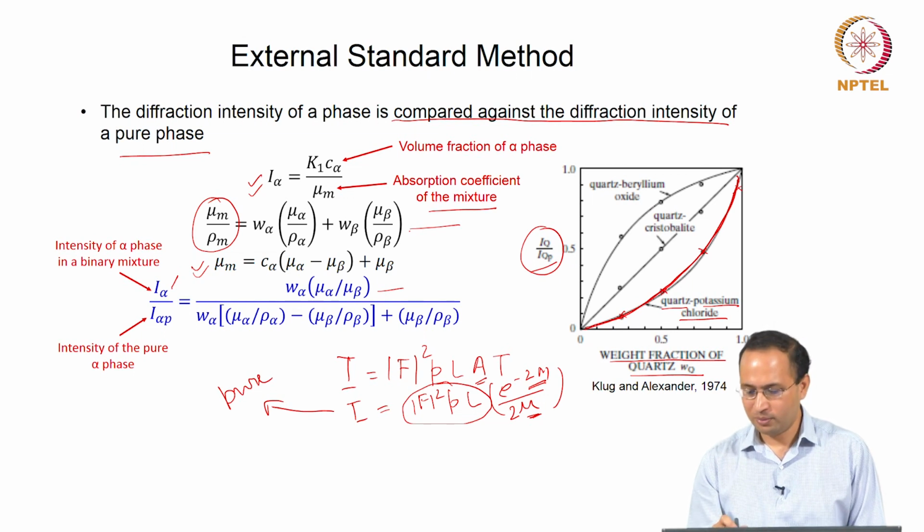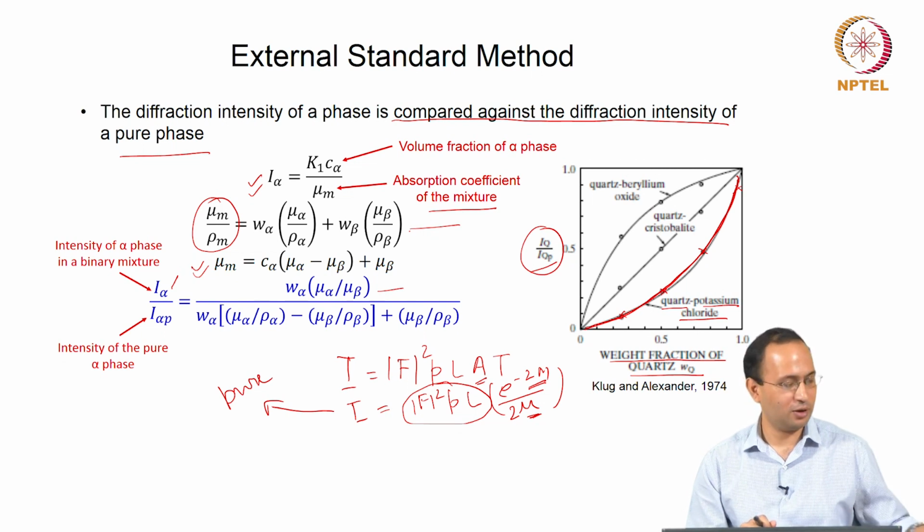If you have developed this kind of calibration curve, then depending on the intensity, you know how much intensity you have in your sample, and depending on this ratio you can calculate the weight fraction. That is the idea. You are interested in the weight fraction of alpha, and if you know alpha you can calculate beta. So, it is the external standard, where we are comparing the intensity of a phase against the diffraction intensity of a pure phase.